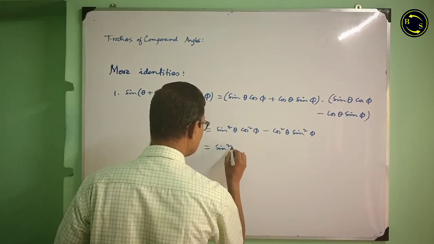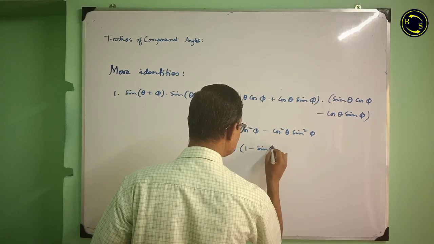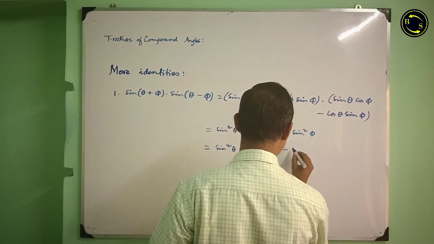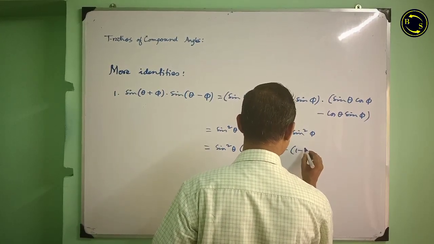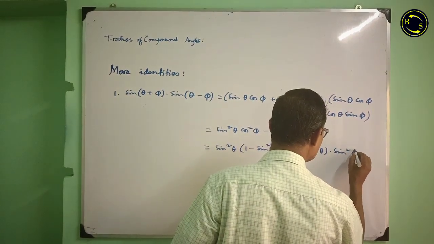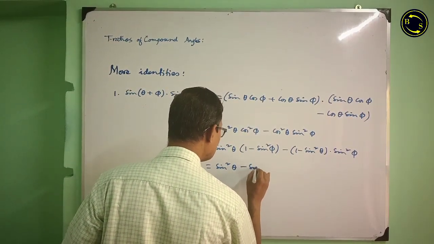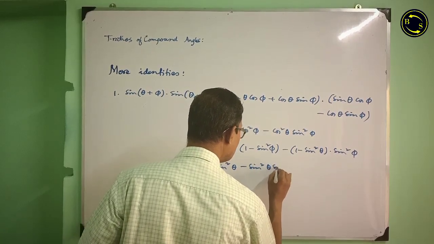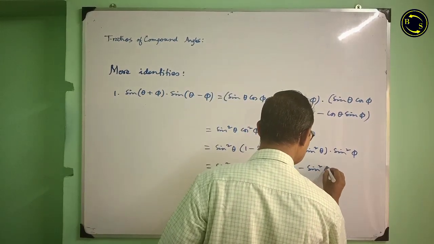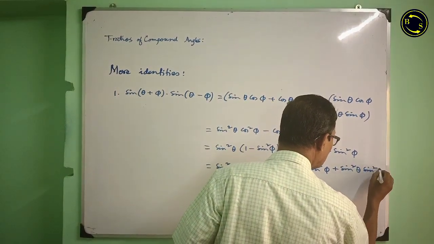Sine square theta into 1 minus sine square phi, minus 1 minus sine square theta into sine square phi, and we simplify, it will be sine square theta minus sine square theta sine square phi minus sine square phi plus sine square theta sine square phi.